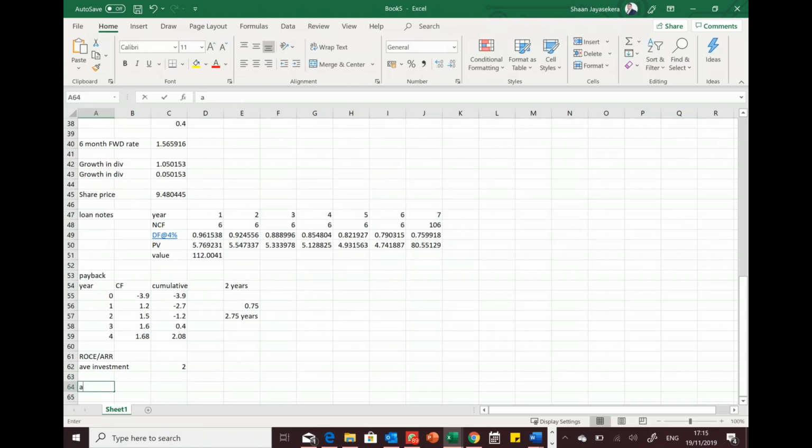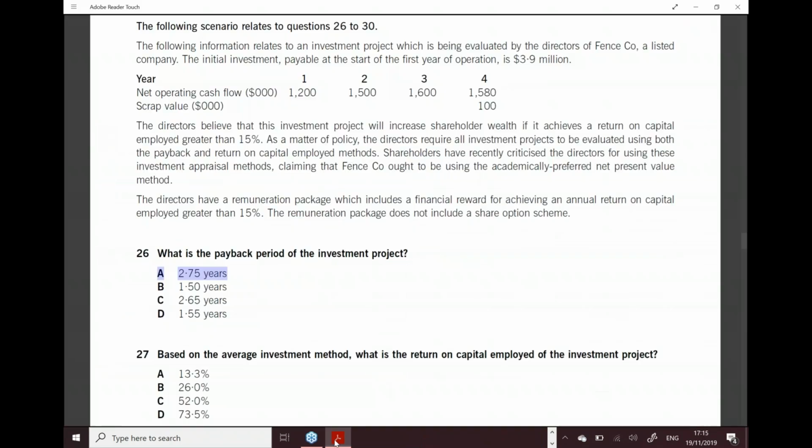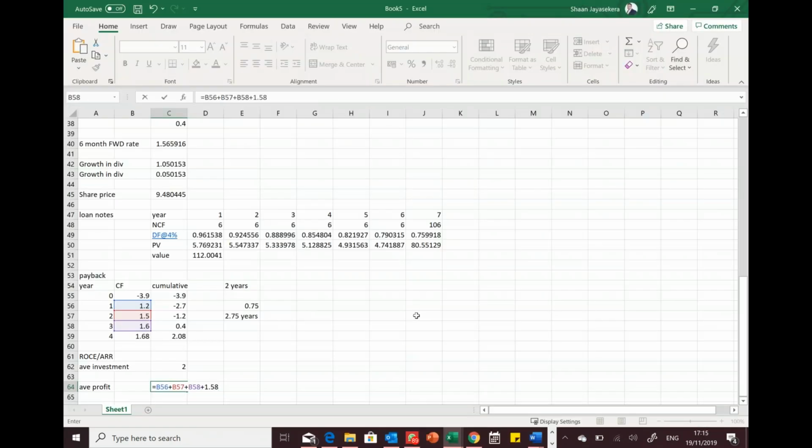Now my average profit. To work out my average profit, this will be equal to this value plus this value plus this value, plus, I'll put that separately, 1.58. From this, I will subtract the total depreciation.